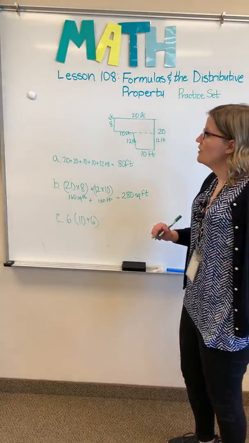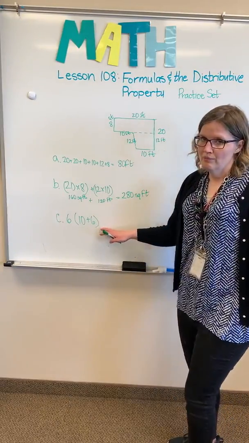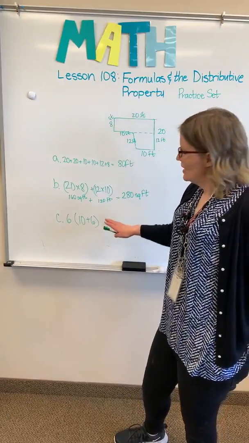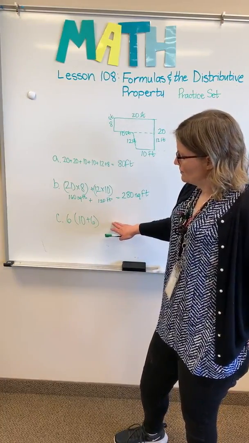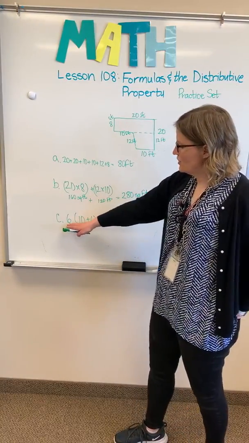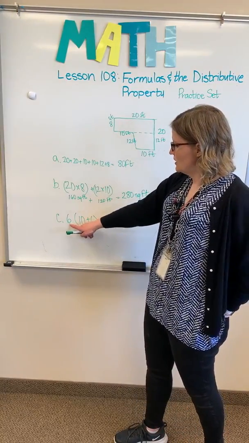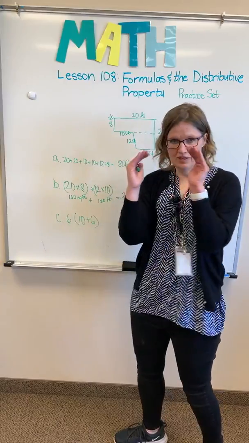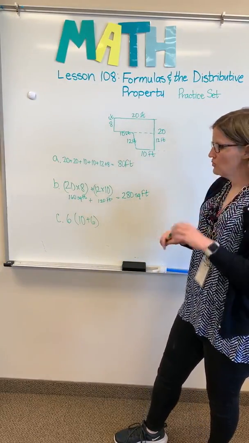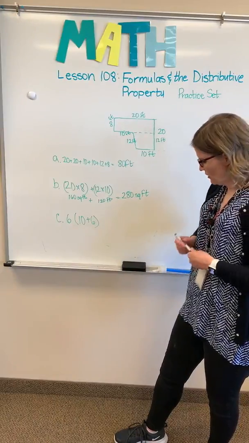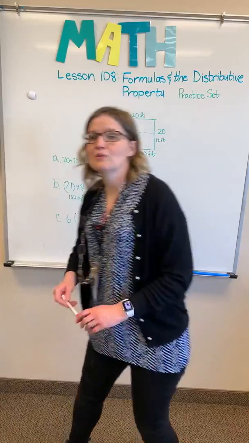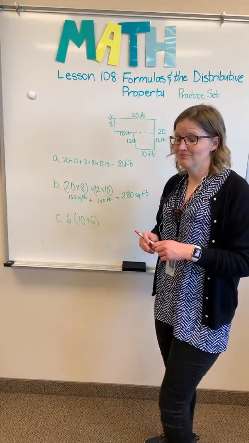Now, our final piece that I want to practice is the distributive property. They want us to use the distributive property for this equation: 6 times 10 plus 6 in the parentheses. Now, this is where we see how the distributive property is working in action.